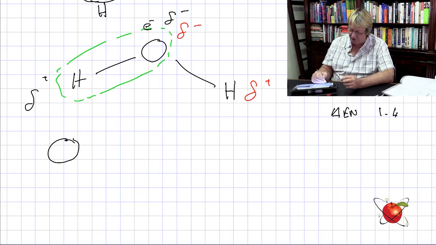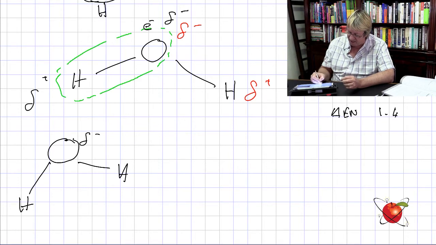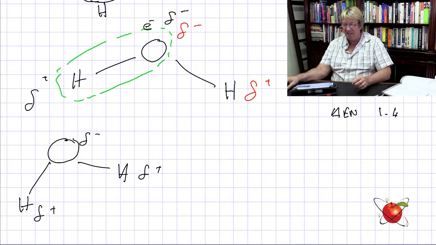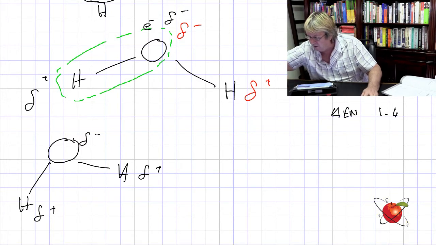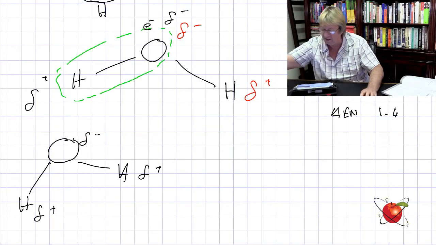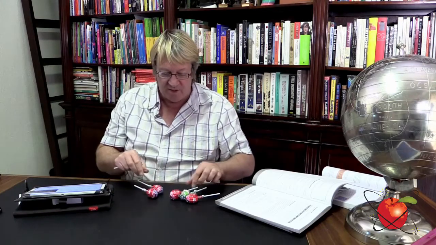Correct? The oxygen side, which was negative, right? Now don't forget that's got 2 hydrogens over there, and they are positive sides there, right? What happens is that we've got another one coming along, right? And what have we got?